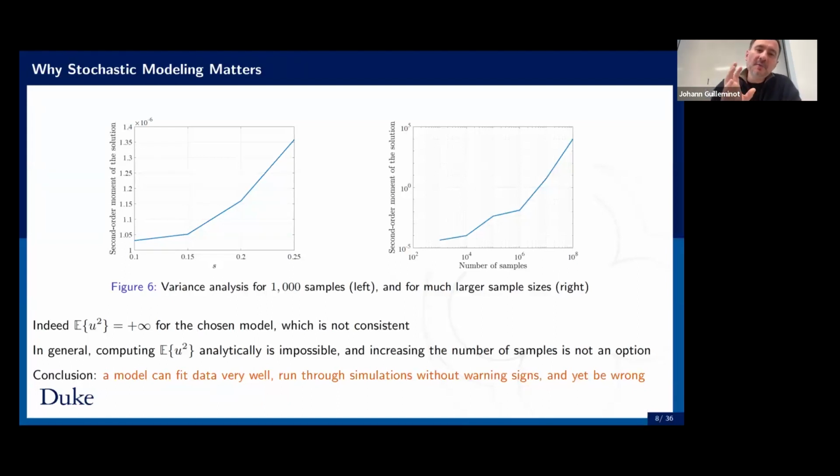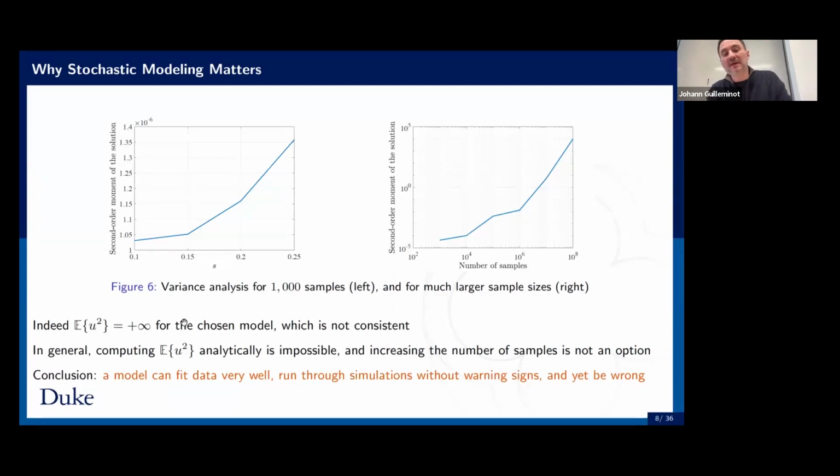Now, if you are a little bit more careful about the analysis, and you say, when I did that, I was working with, let's say, a batch of 1,000 samples, then you remember your statistics class, and you say, there is a bias when you have very few samples. So I'm just going to increase the number of samples I am integrating in my simulation. And what you realize if you do that is that this quantity that just looked fine when you worked with 1,000 samples starts to essentially blow away. You basically tend to infinity.